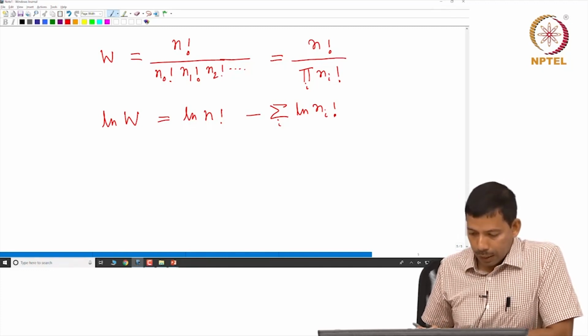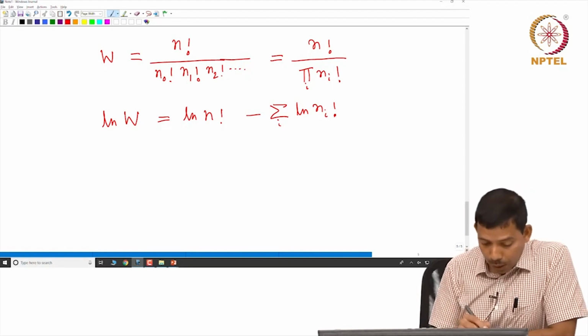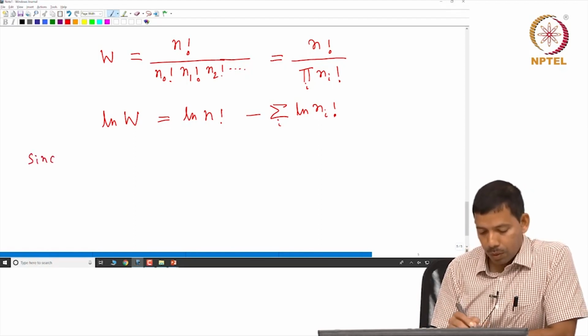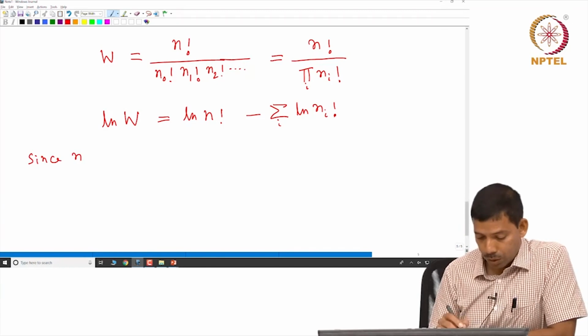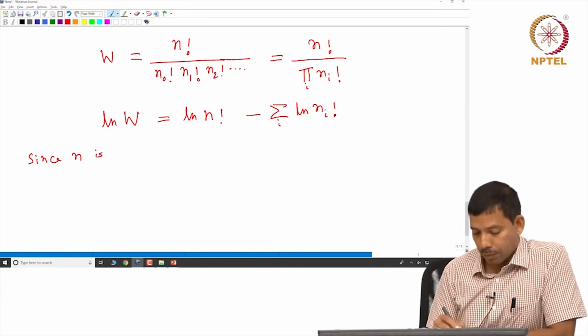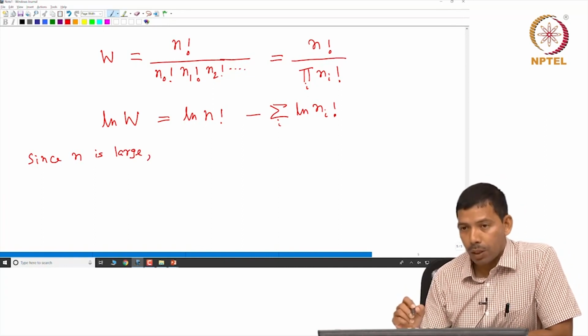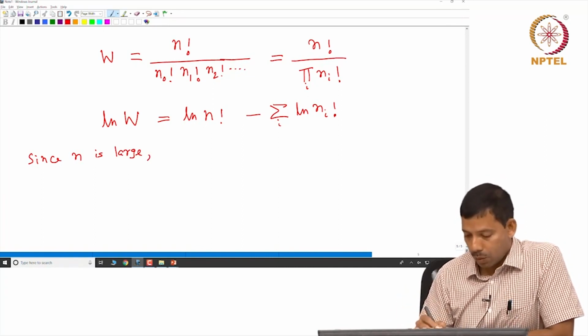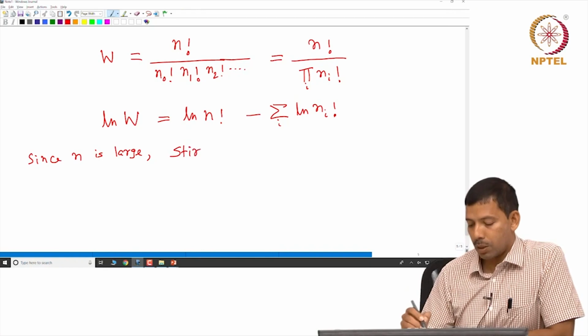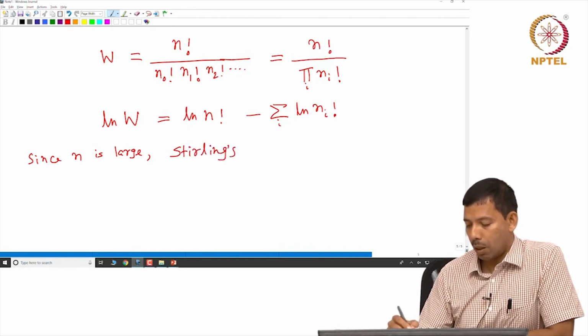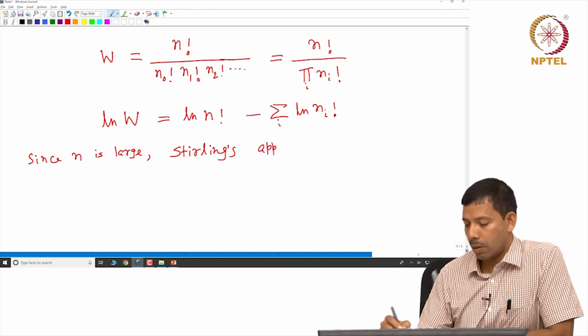Now, since n, your total number of particles, is very large, we can apply Stirling's approximation. What is Stirling's approximation?